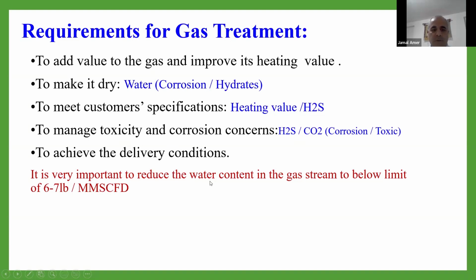It's very important to reduce the water content in the gas stream to below the limit, from 6 to 7 pounds per million standard cubic feet.